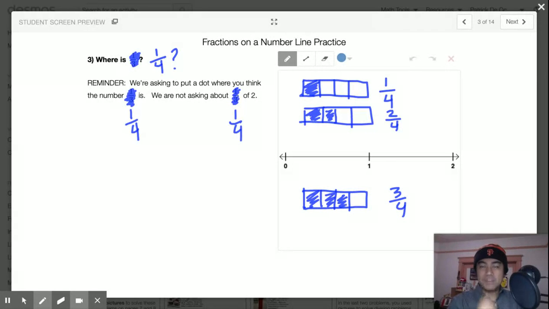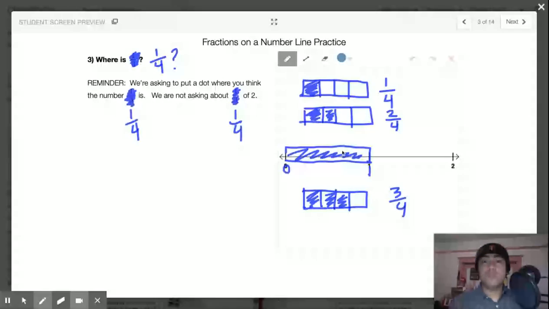Okay? Notice that I said I'm cutting 1 whole. Basically, I'm cutting this 1 whole right here. And what I'm saying is from 0 to 1 is 1 whole.